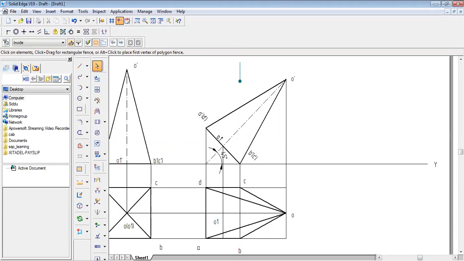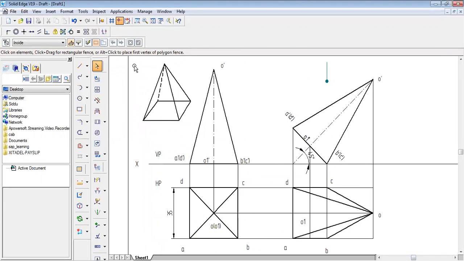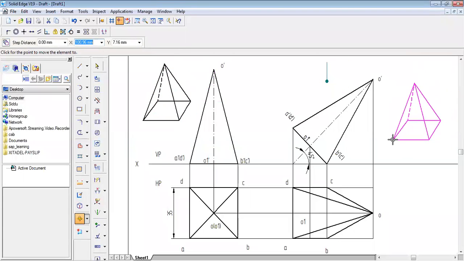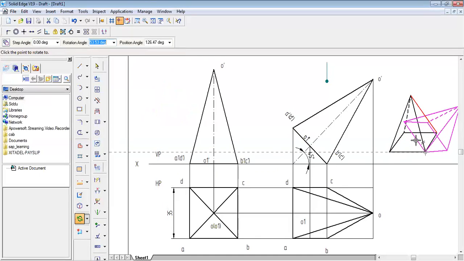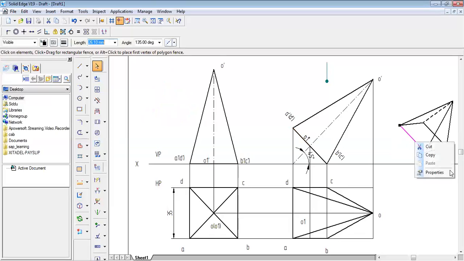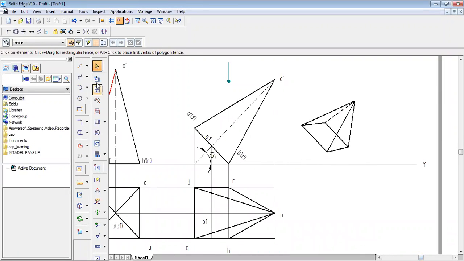For example, I will just show you here by rotating this. When we look from the top, this is the edge on which it is resting actually.